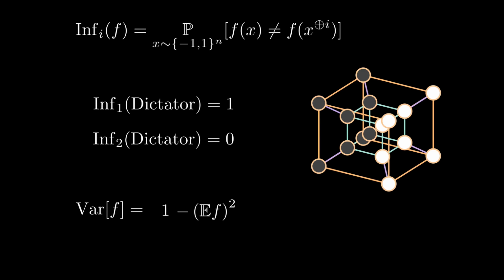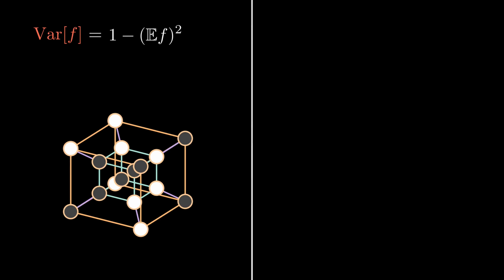Although these properties are defined probabilistically, they have natural geometric interpretations. We'll start with the variance. Opening up the product, assume that the expectation of f is less than or equal to 0. We can always do this, since the variance of f is the same as the variance of minus f. The first term on the right-hand side is then just a number between 1 and 2, and the size of the variance is determined up to a constant by the expectation, that is, by the number of white vertices.